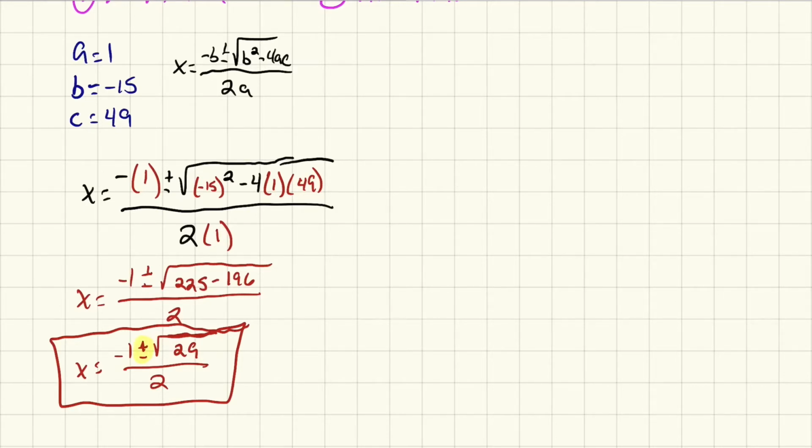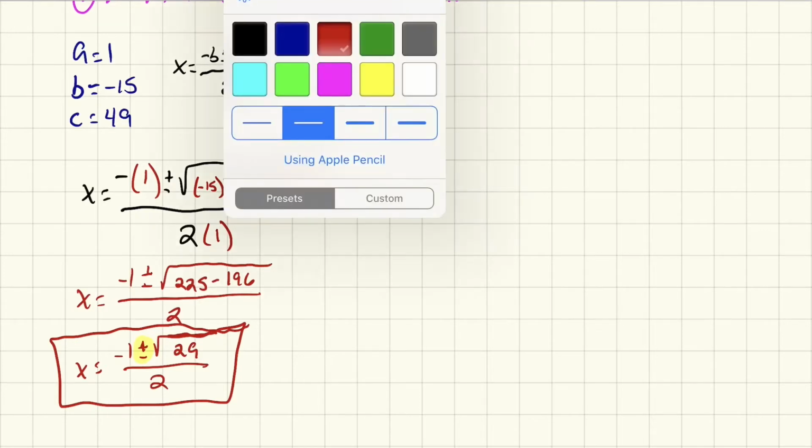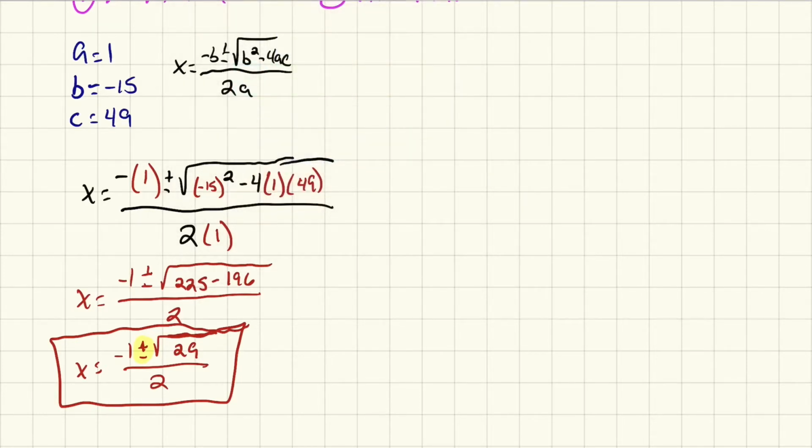So normally when we factor things out, we always got 2 parentheses and had 2 answers. In this case, it's no different. Our first answer is technically x being equal to negative 1 plus the square root of 29, everything over 2. And then x is also equal to negative 1 minus the square root of 29, everything over 2.